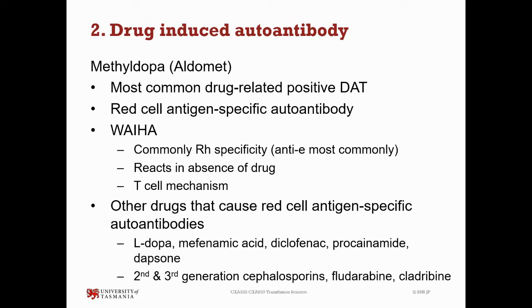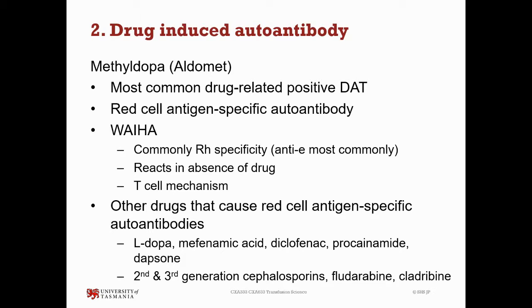So it's used then. And it is one of the most common drug-induced hemolytic anemias. But it is very interesting in that it is really difficult to tell this apart from a warm autoimmune hemolytic anemia that's not caused by drugs. It's caused by something else.